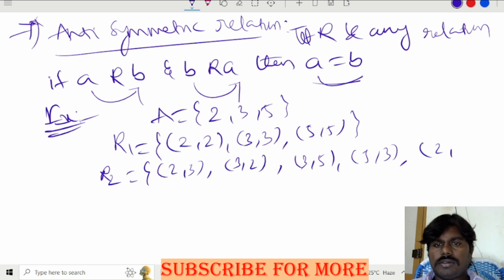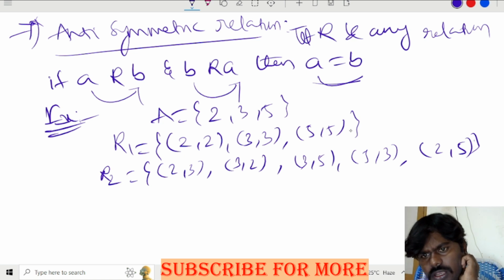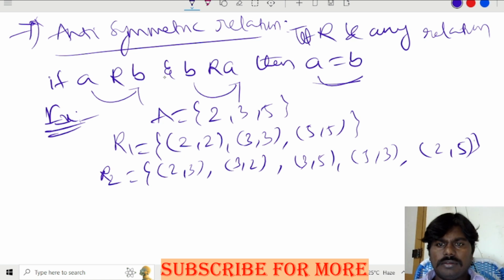Next here 2, 5 you can define and you can close. Now if you see this, here R1 is 2, 2 means 2 is related to itself and 3 is related to itself, means 3 is related to 3 and 5 is related to 5.